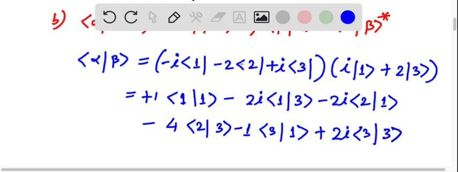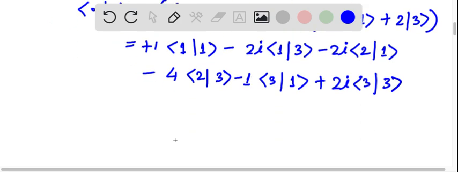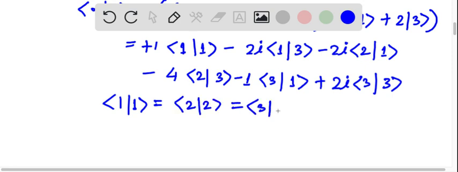As given in the question, they are an orthonormal basis. Orthonormal basis means that <1|1> = <2|2> = <3|3> = 1, and the others, <1|2>, <2|3> and <1|3>, are 0.